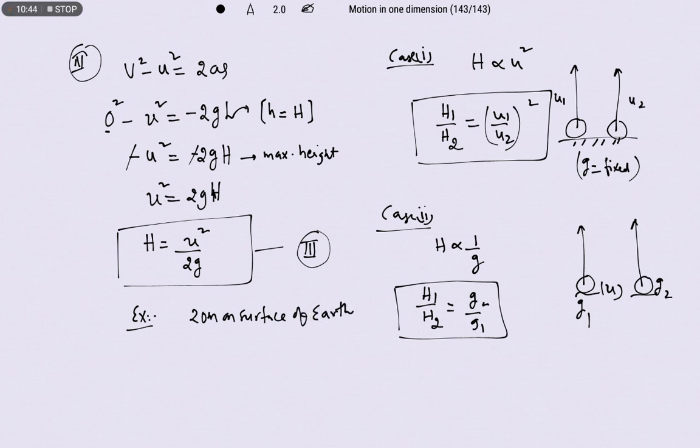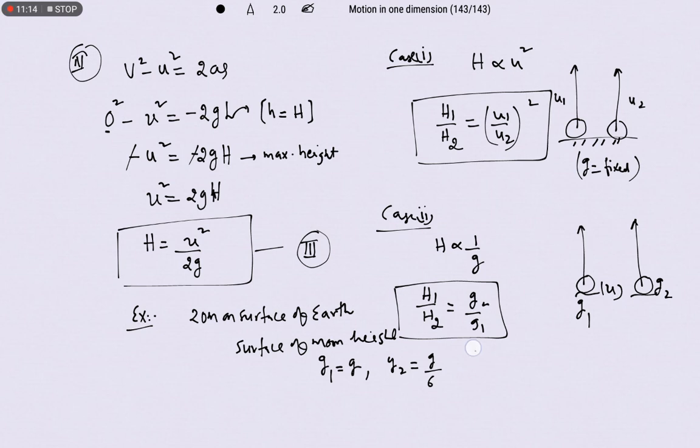So when he jumps on the surface of moon, what is the height reached by the person? So the acceleration due to gravity on earth we can write as g, on the surface of moon it will be g by 6, that means 6 times less than the acceleration due to gravity on earth.